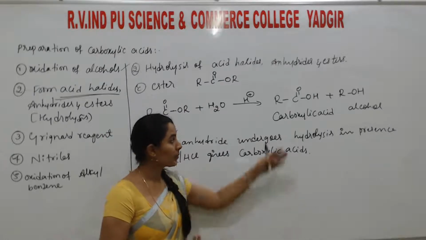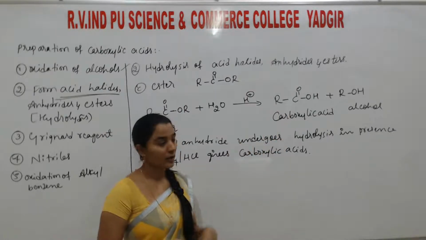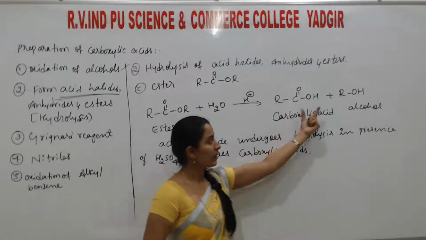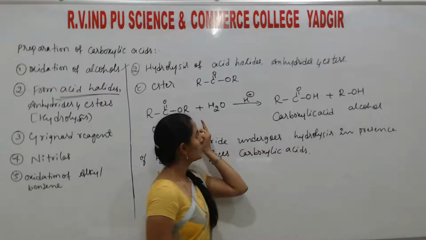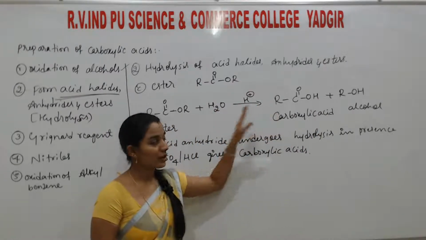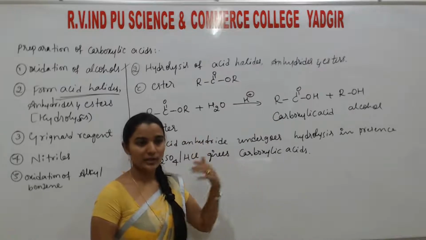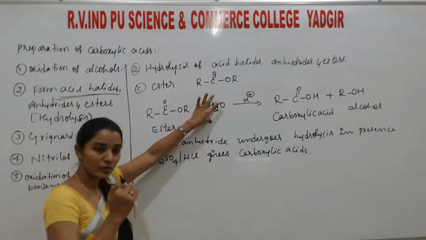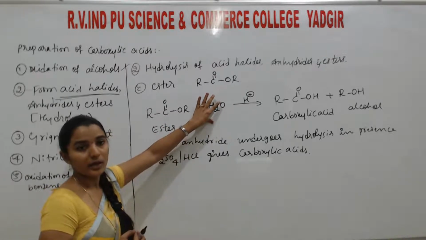I'll explain it in the chemical properties of carboxylic acid. This reaction is exactly reversed. But the thing is what? Reactant is this, product is this. Instead of dilute, we have to take concentrated. Esterification reaction, in the next class I'll explain. There, removal of water molecules happens, so we have to use concentrated acids.